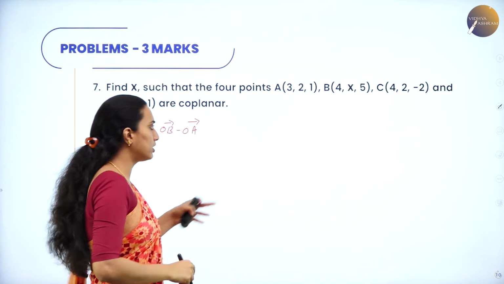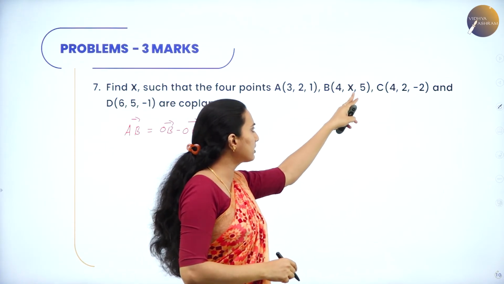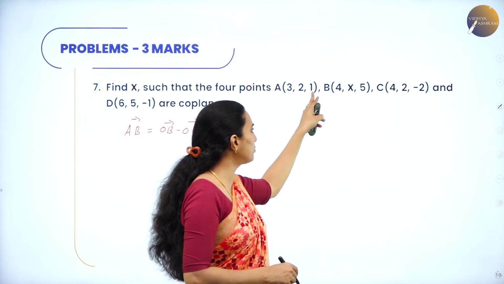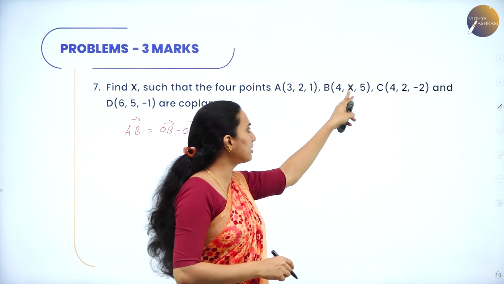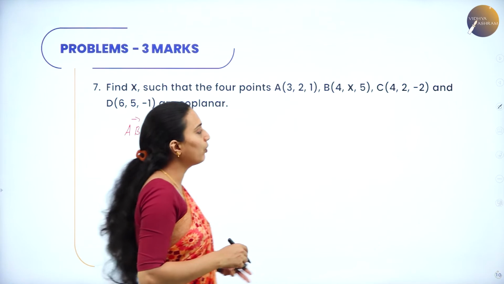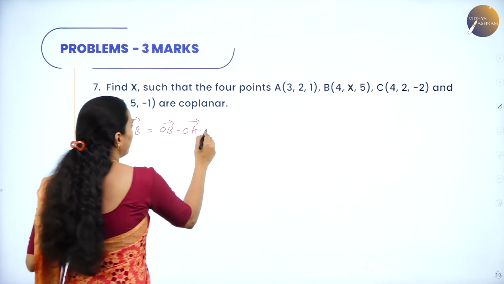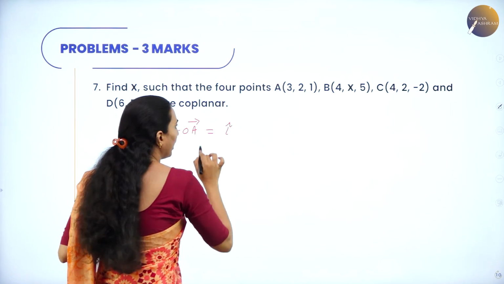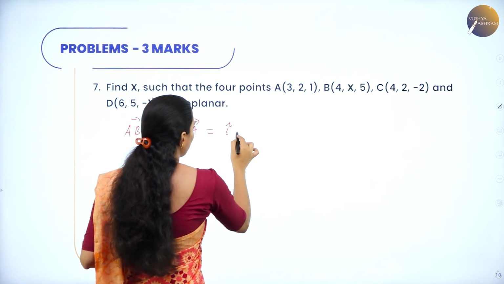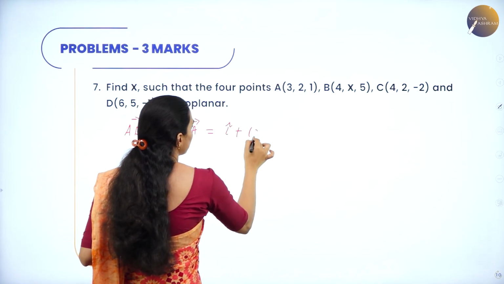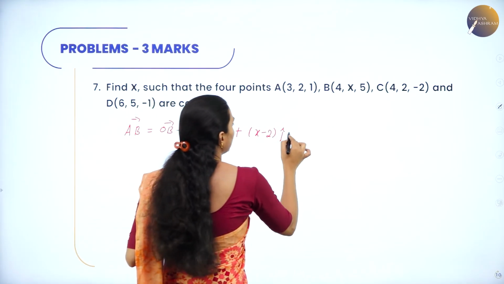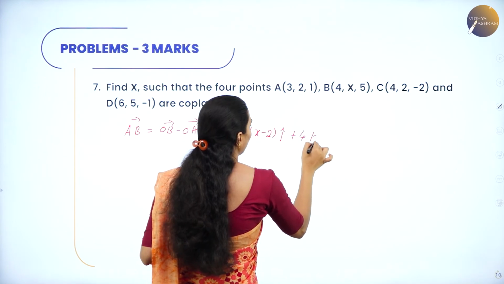OB is 4, X and 5, and OA is 3i plus 2j plus 1k. So 4i plus Xj plus 5k minus that gives you 4 minus 3, which is 1i. Again, X minus 2 into j. Again, 5 minus 1, which is 4k.